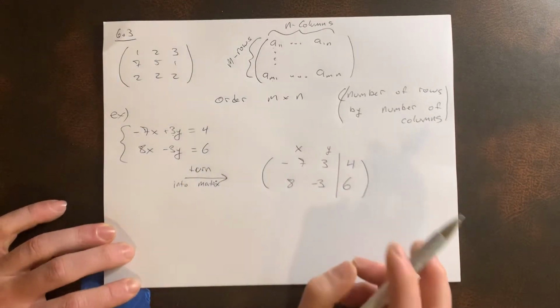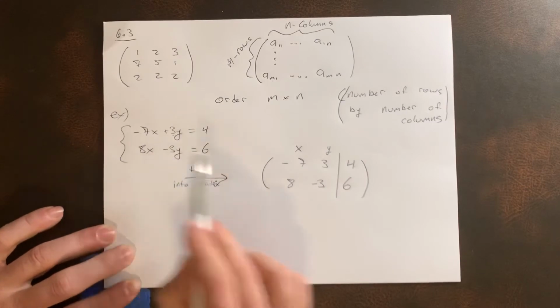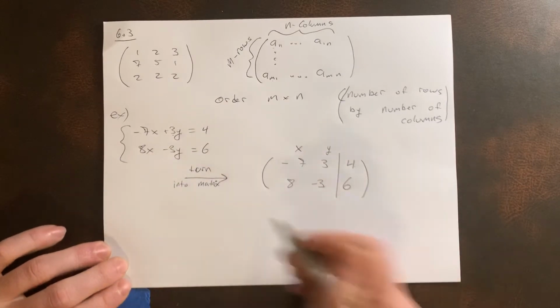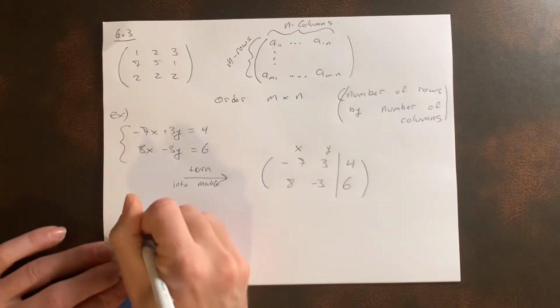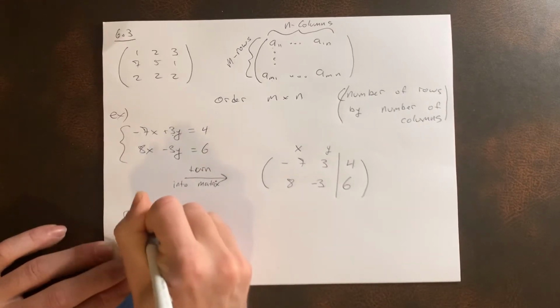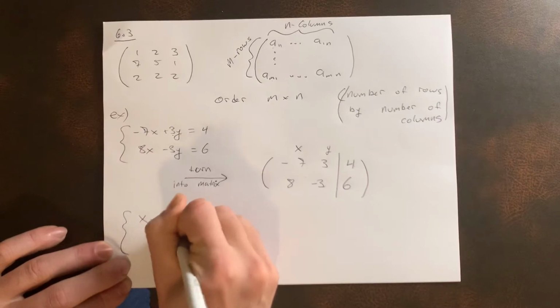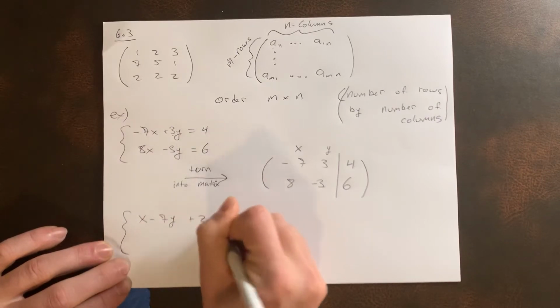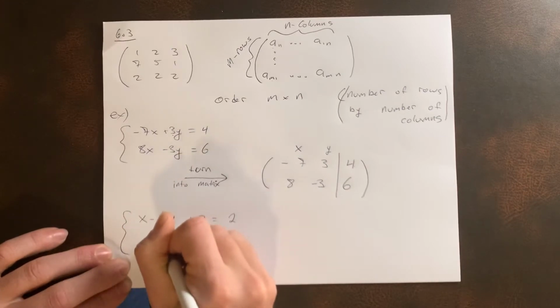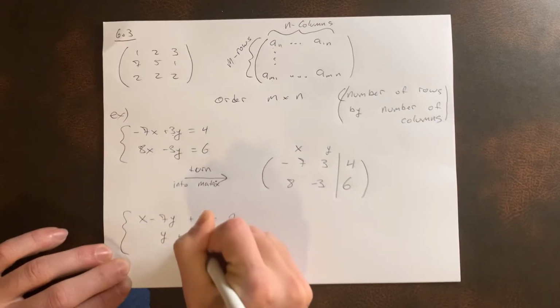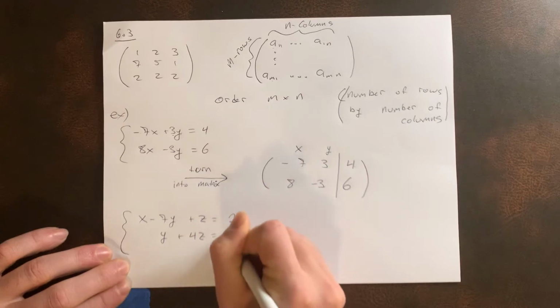And so as far as turning a system like this into a matrix, that's all there is to it. Another example, say we have one with 3 variables, an x, y, and a z. Just making one up, we can have x minus 7y plus z is equal to 2. And then maybe this one down here, we're going to have y plus 4z is equal to 10.